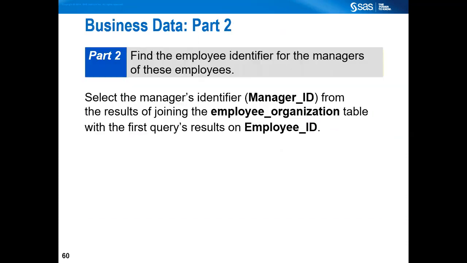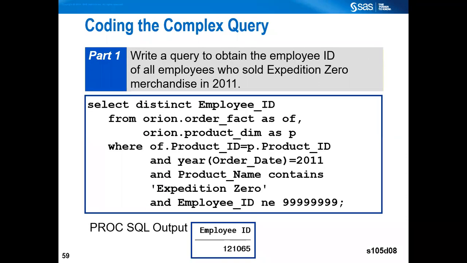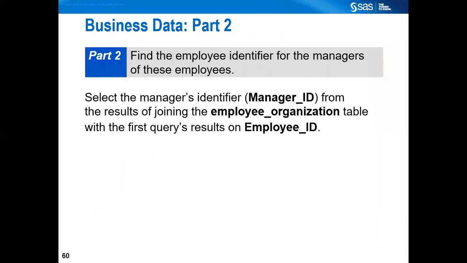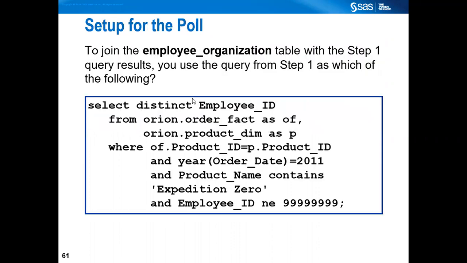First part, find the identifier for the manager of these employees. Second part, it's telling us to find the employee identifier for the managers of these employees. So what we have to do is select the manager ID from the results of joining the organization table with the first query result. Hence, it's telling us to join the employee organization table with the first query result.